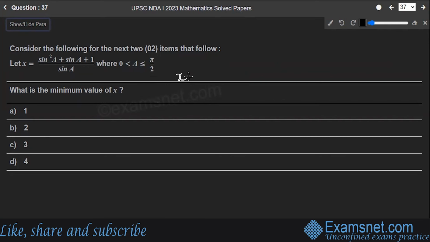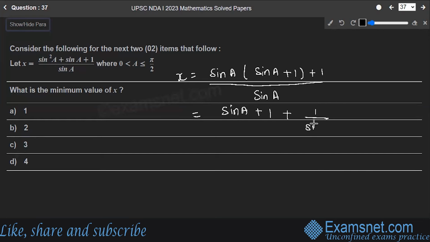You have x is equal to, taking sine A common from here, sine A plus 1 upon sine A. Now A lies in the first quadrant, it's given to us. Let's open it. You will have sine A plus 1 upon sine A, which is equal to x.